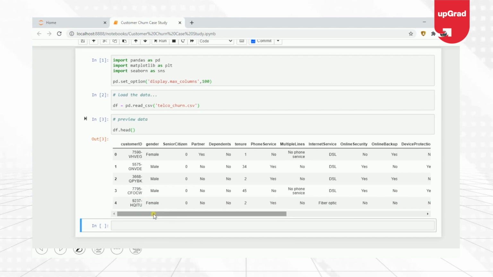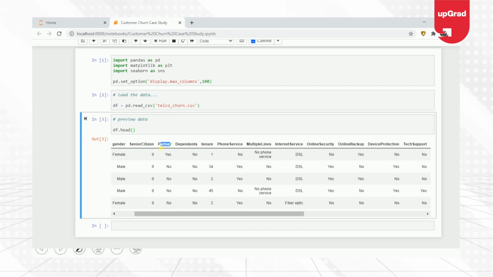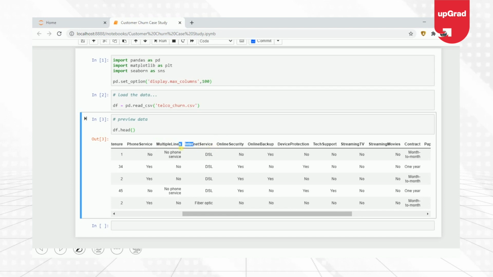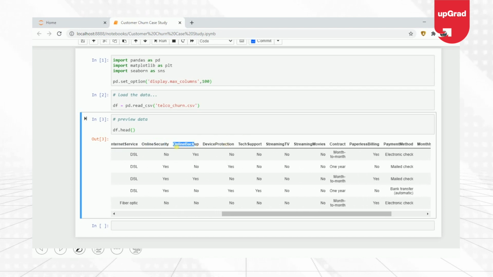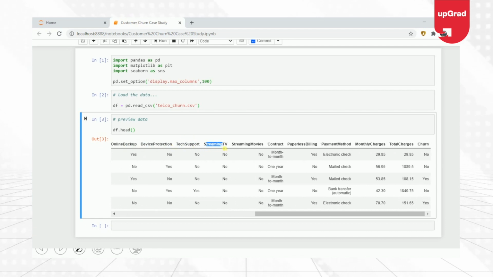It has various attributes in it. So let us go through the various attributes of this particular data. Here we have customer ID, gender, senior citizen, partner, dependent, tenure, phone service, multiple lines, internet service, online security, online backup, device protection, tech support, streaming TV, streaming movies, contract, paperless billing, payment method, monthly charges, total charges, and churn.